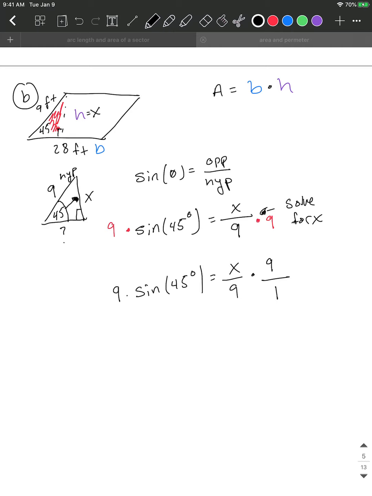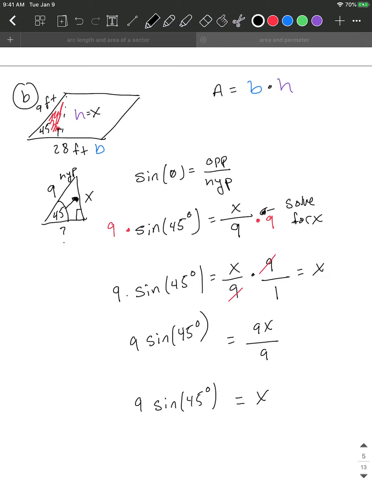Most people are going to tell you that these just cancel out, but if you need to multiply it out, you may, which would give you 9x over 9. We know that the final solution to that would just be x. I'm just going through extra little steps so you can see what's going on. So I have x and then sine of 45. All this just stays the same. I didn't do anything to that other than multiply by 9.